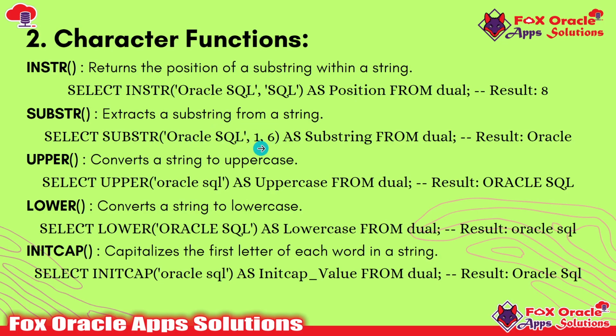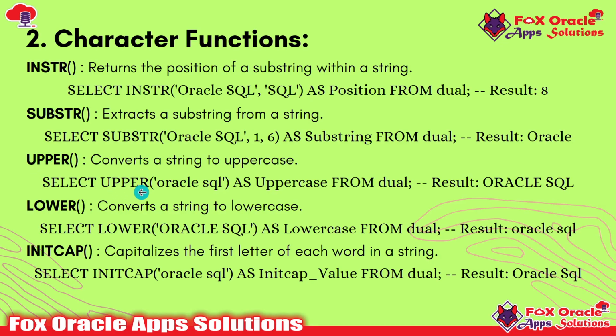As you can see, the second parameter means the starting position of the string, and the next numeric value is the total number of characters. So 1 and 6 means that from our string, pick the value from the first position and take the next 6 characters. So 1, 2, 3, 4, 5, 6. Oracle is the 6 characters starting from the first position, that is O, and in the output you can see here we have the result as Oracle.